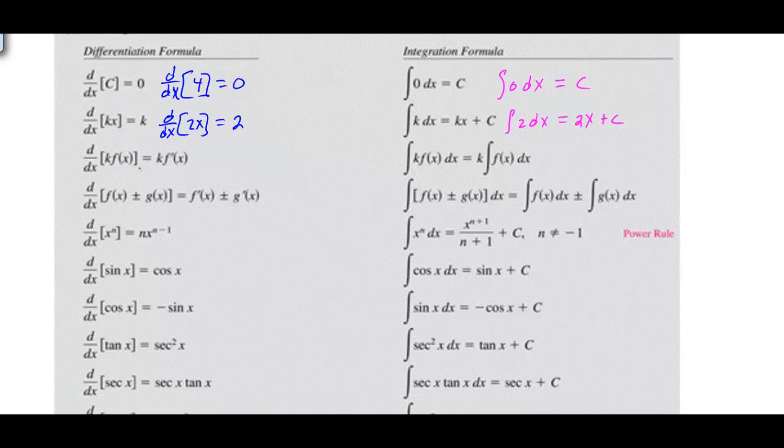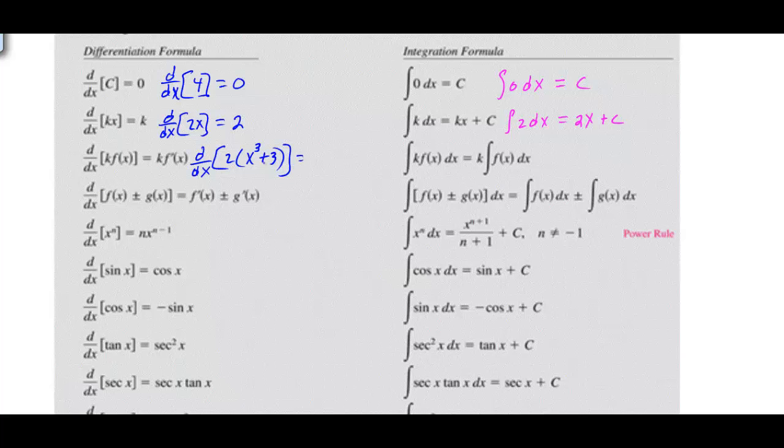All right, over here on the left we have the derivative of k times f of x. So basically what that says is if you have k as a constant multiplier, so if we had, for example, the derivative of 2 times x cubed plus 3, then we know there are two ways we could handle this.